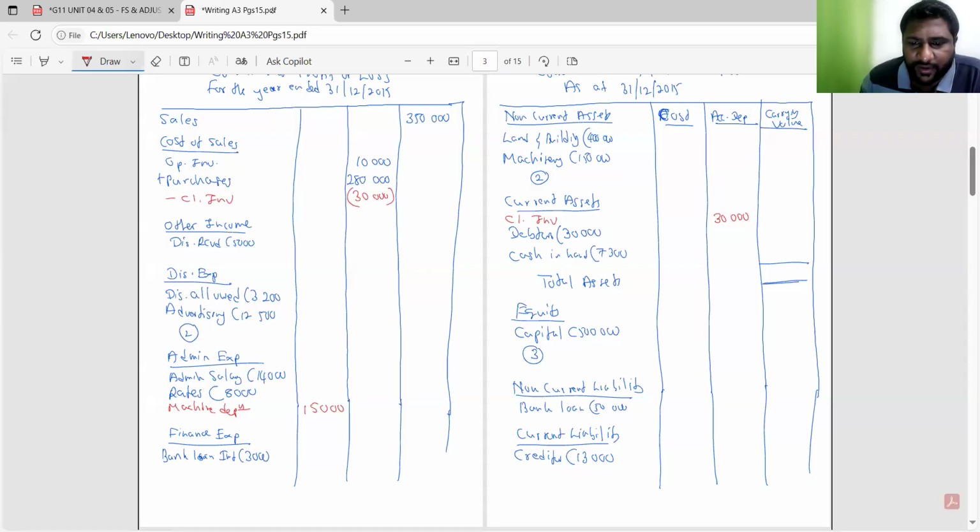And here accumulated depreciation 15,000. The adjustments you can do like this. Do remember, the majority of the marks are given for the adjustments, not for writing the values which are there in the trial balance.